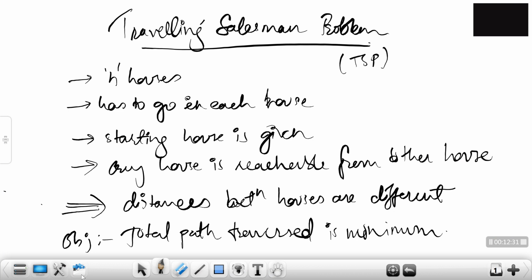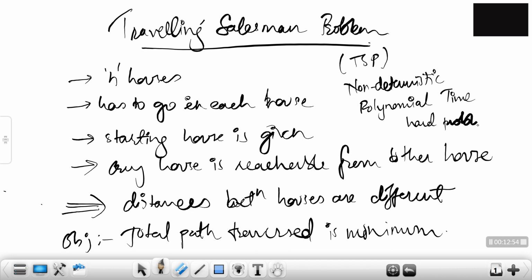Now this problem is called a non-deterministic polynomial time hard problem, or NP-hard problem, which cannot be solved in polynomial time.